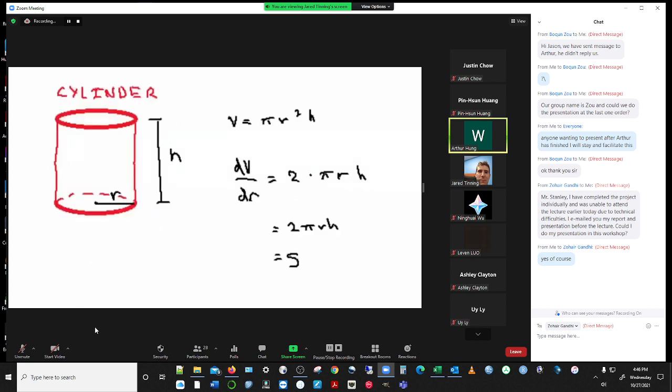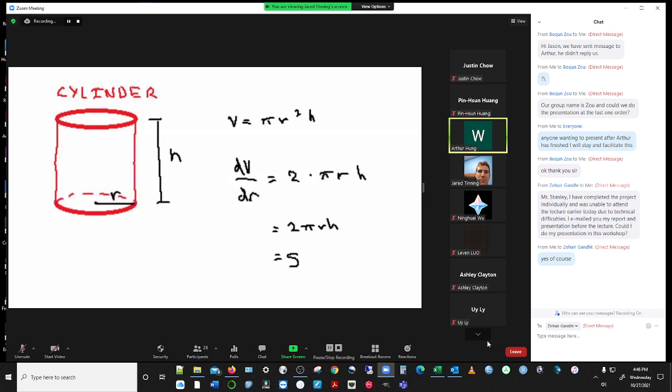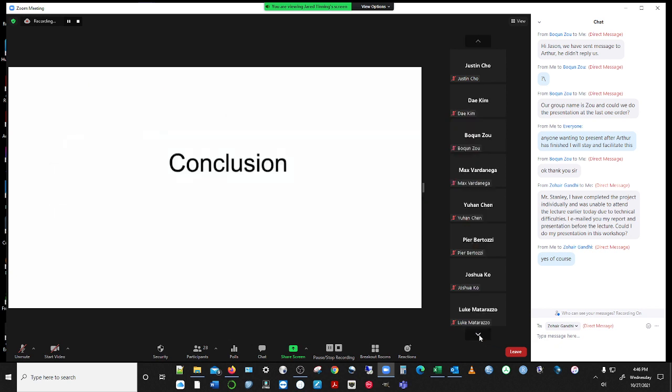If we find the derivative of volume for this cylinder, we receive 2 pi r h, which is its lateral surface area. Thus it is evident that the surface area is a result of differentiating the volume of a 3D object.